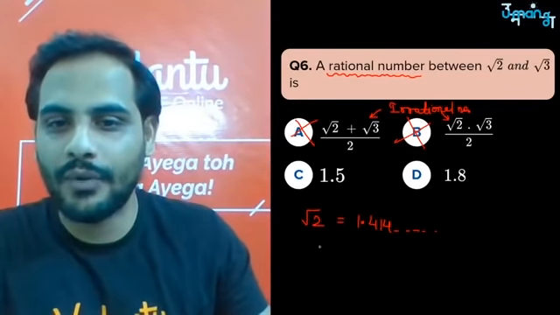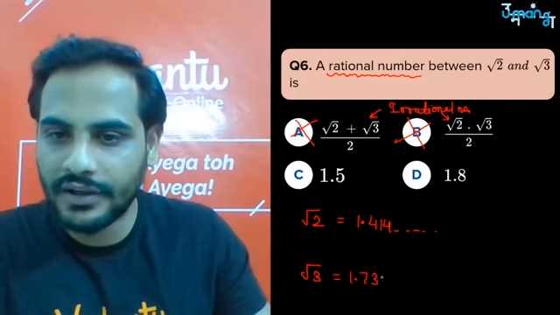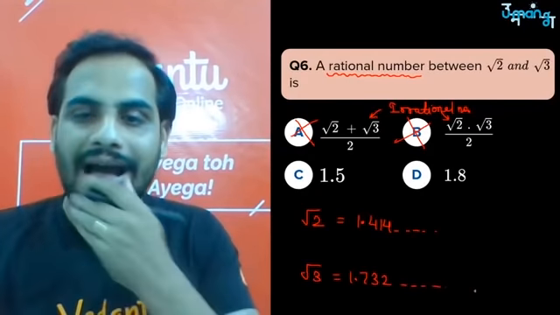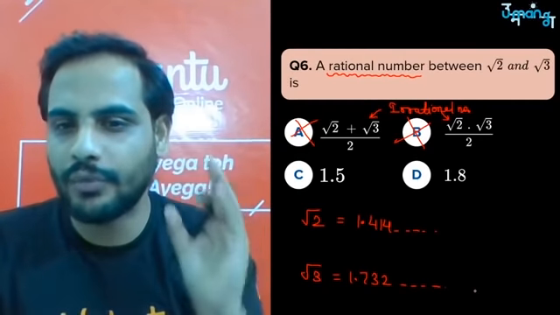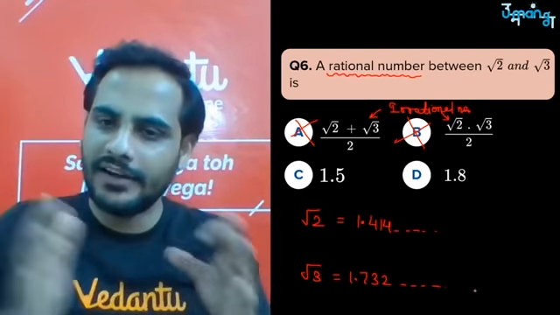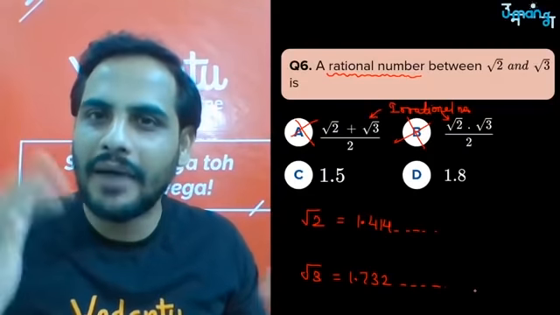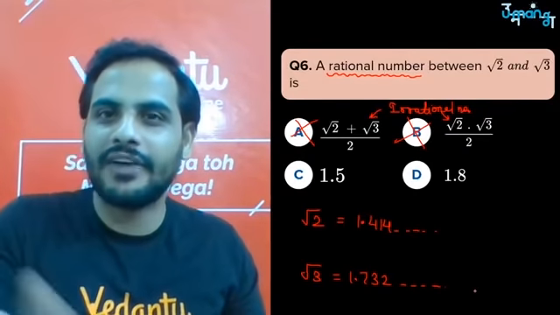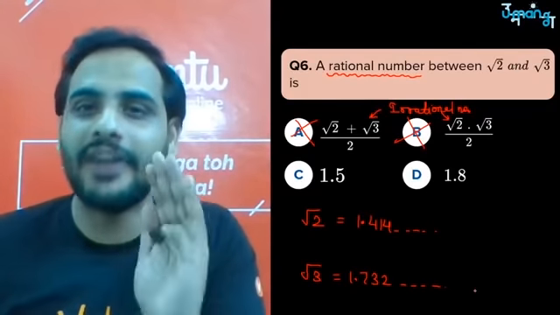Got it? And square root of 3 is 1.732 and so on. So a number between them should be greater than 1.4 something and less than 1.7 something. Between them, I can write many numbers. 1.5 is there, 1.6 is there, 1.5 to 1.55, infinite numbers are there.